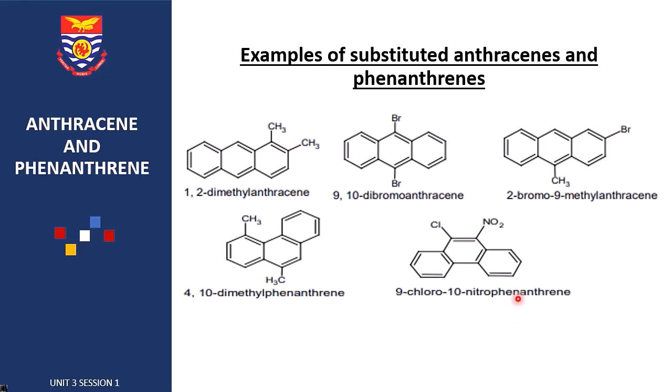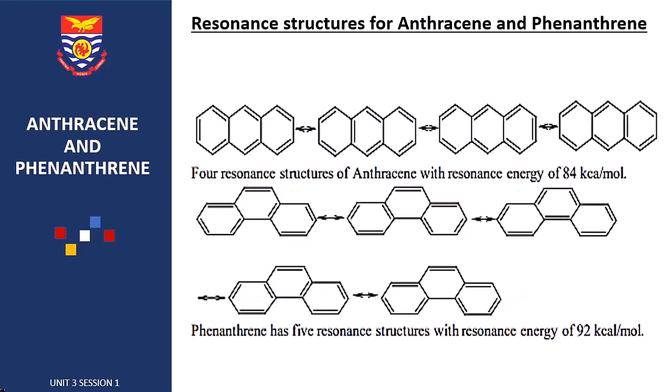anthracene and phenanthrene derivatives. Okay, so now to look at the thermodynamic stability of anthracene and phenanthrene, we use the resonance structures. If you look at anthracene, it has 4 resonance structures with a resonance energy of 84 kcal per mole.